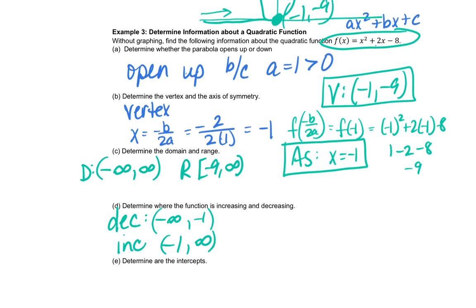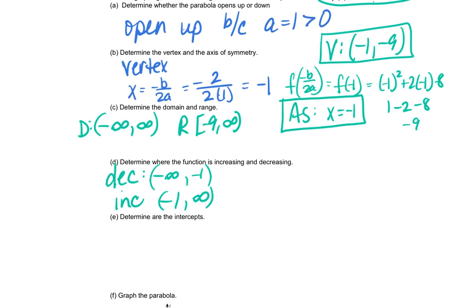All right. Now the fun part, finding our intercepts. The y-intercept is when x is 0. So just take the equation x squared plus 2x minus 8 and plug in zeros. 0 squared plus 2 times 0 minus 8 is just negative 8.